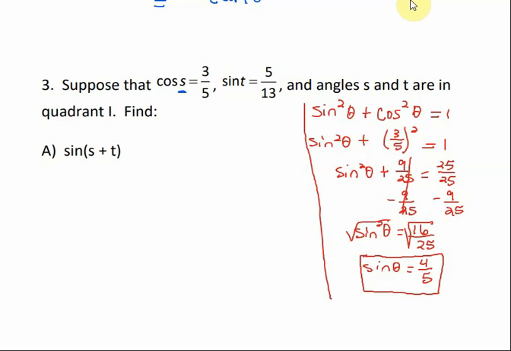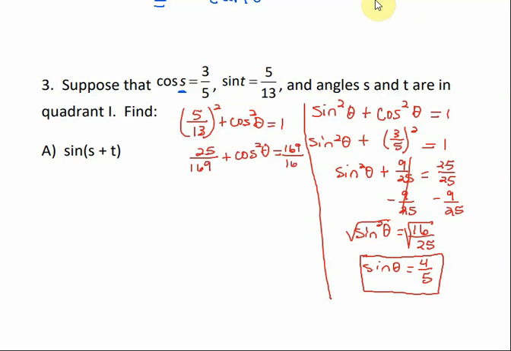Okay, so again, sine squared theta plus cosine squared theta equals 1. All right, so if I have the sine of t, which is 5 over 13, squared plus cosine squared theta equals 1. Well, when I square these, I get 25 over 13 squared, which is 169. Okay, and again, I have to have a common denominator, so I'm going to do 169 over 169.